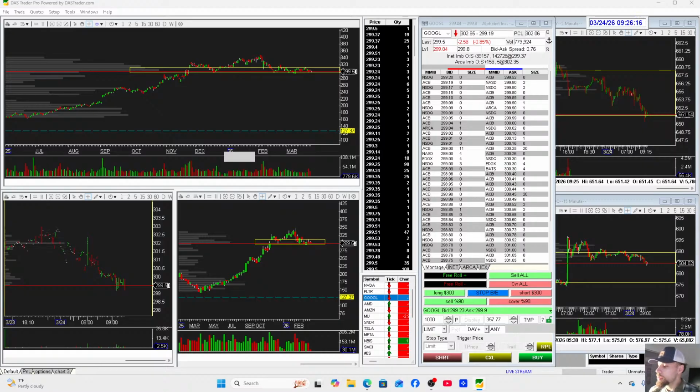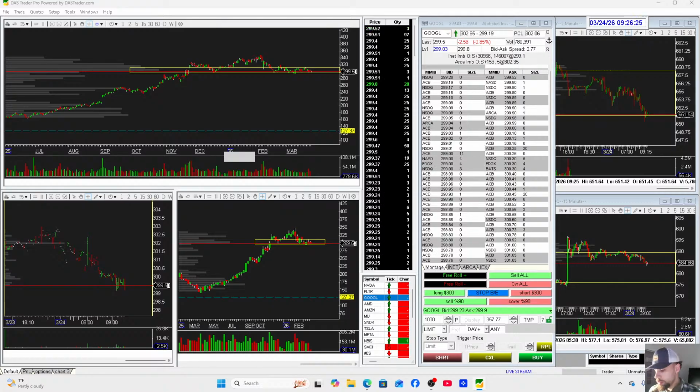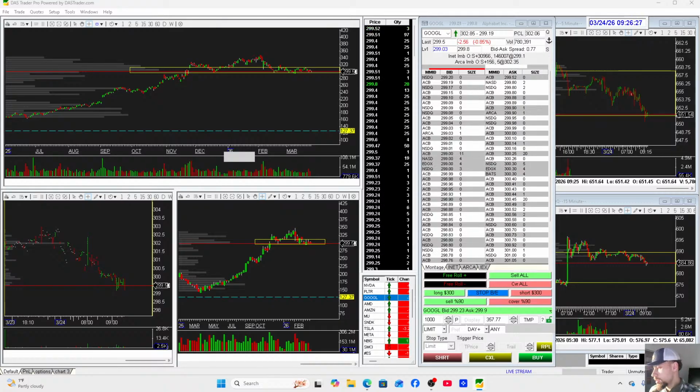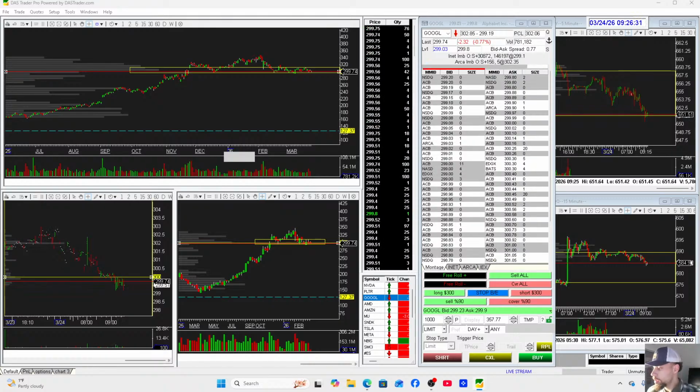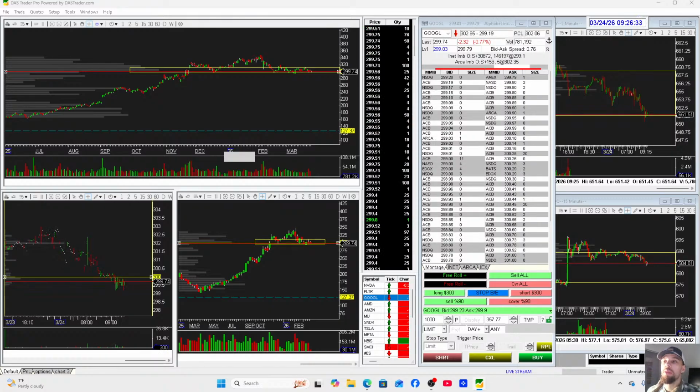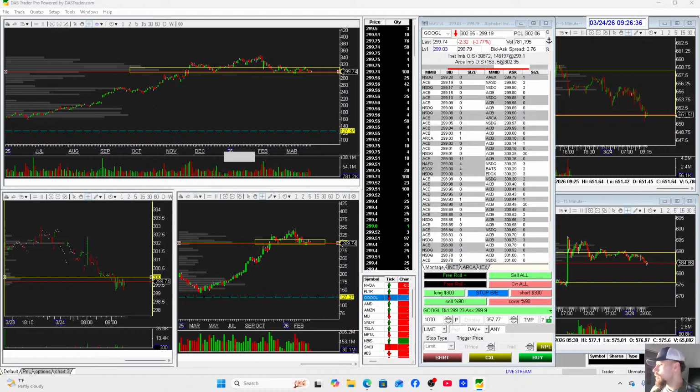It's around 300 right now. See what the price action does around that 300 level. Just draw a line there. We have 4 minutes until open, 3.5 minutes.